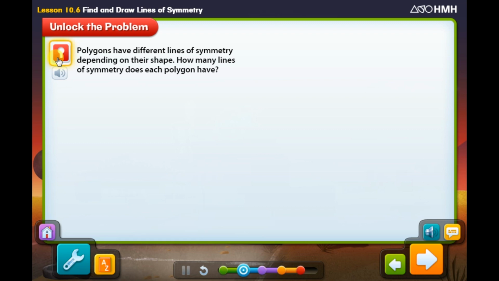So, according to polygon, we have many types of polygon. We have triangle, quadrilateral, octagon, pentagon, hexagon, heptagon, nonagon, and decagon. Of course, we have two types of polygons: regular polygons and irregular polygons. So according to that, we have to identify how many lines of symmetry for each polygon.